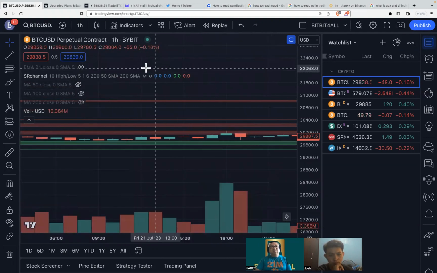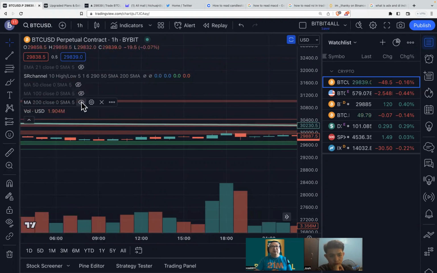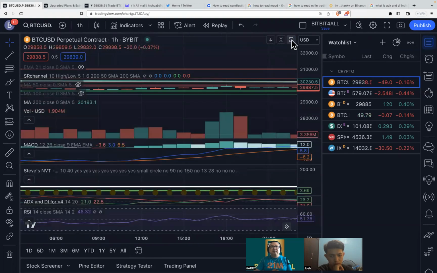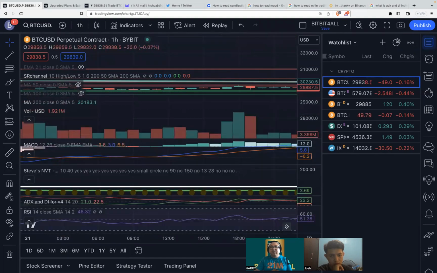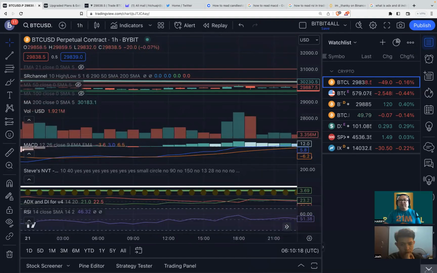So ang isa naman na ginawa ko is itong mga moving averages. So the 200 moving average.